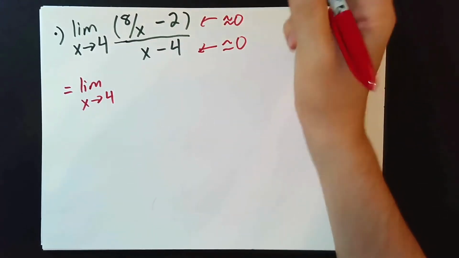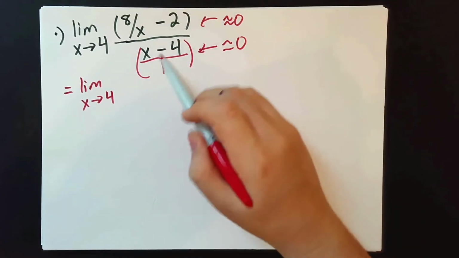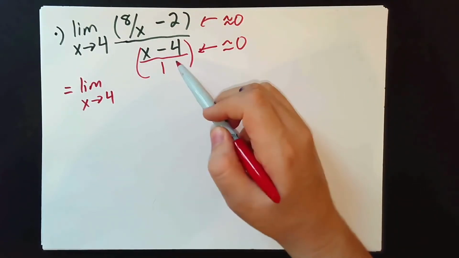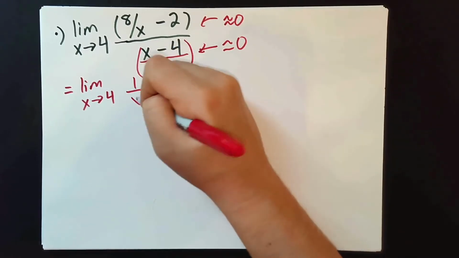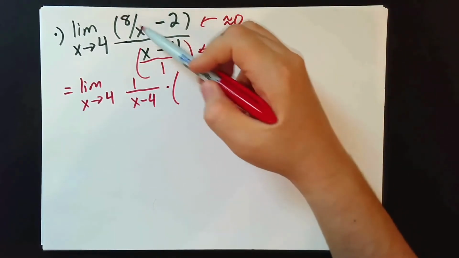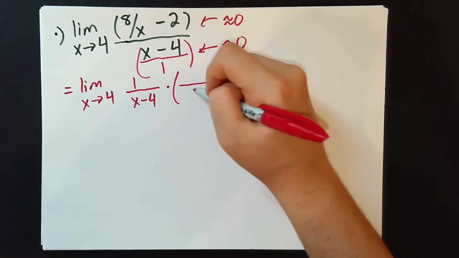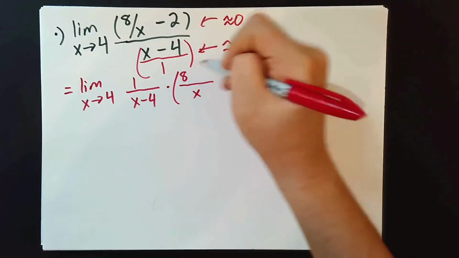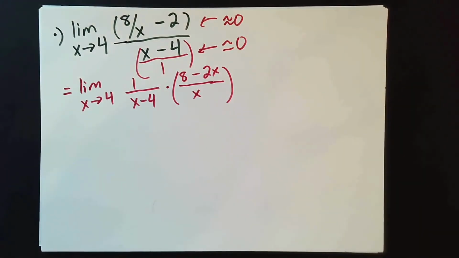And so I'm going to do this by doing two things. One is I'm going to realize the denominator here I can really write as x minus 4 over 1, and dividing by that is the same as multiplying by 1 over x minus 4. And then I'm going to put this piece over a common denominator of x. And when I do that, I'm going to get an 8 minus 2x. Again, what did I do?